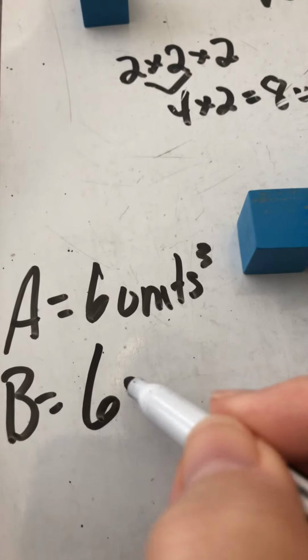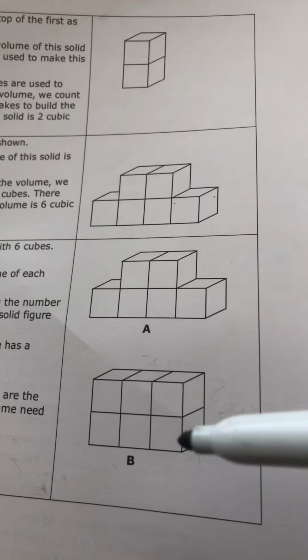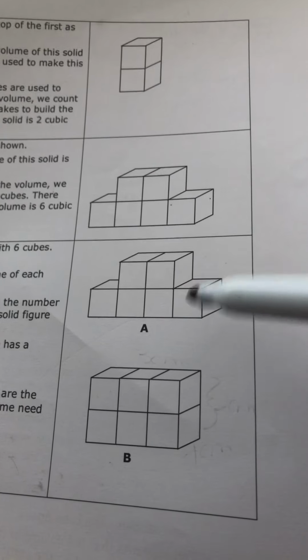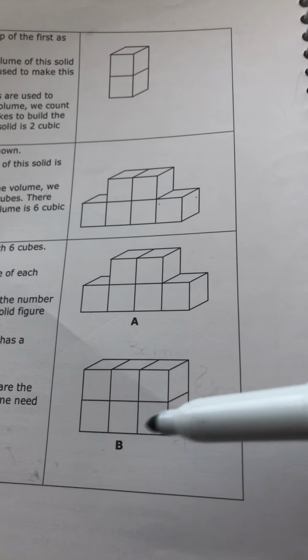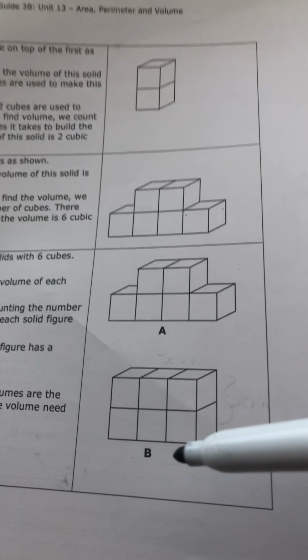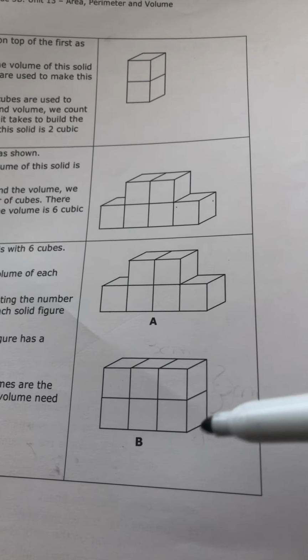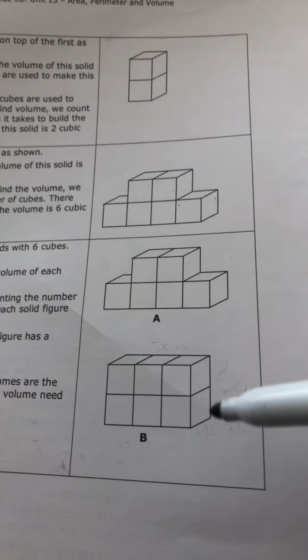Hopefully you see that it's also 6 units cubed. Okay? These have the same volume. They have different shapes to them, but they have the same volume. On this one, you could actually do the length times width times height. The length times the width, we have 3 across and 1 back, so 3 times 1 is 3, times the 2 is 6. Okay?